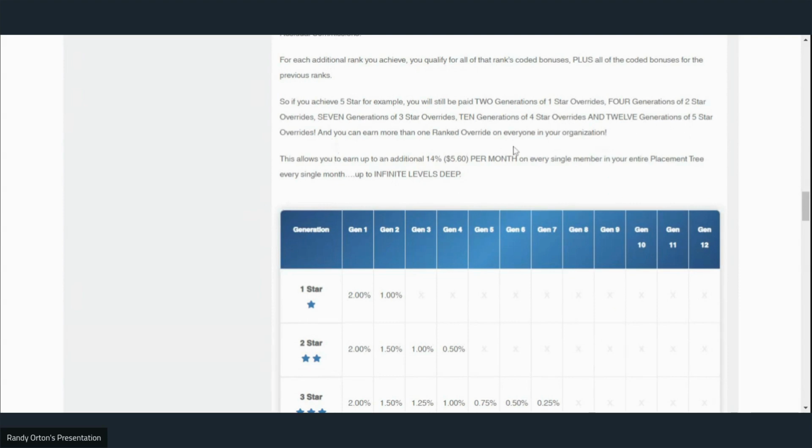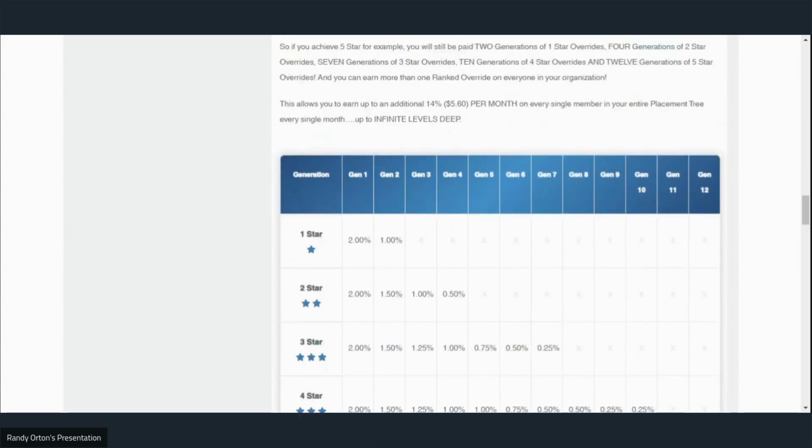And you can earn even more than one ranked override on everyone in your organization. This allows you to earn up to an additional 14% or another $5.60 per month on every single member in your entire placement tree every single month, up to infinite levels deep. That could be huge. That could add up to a lot of money.